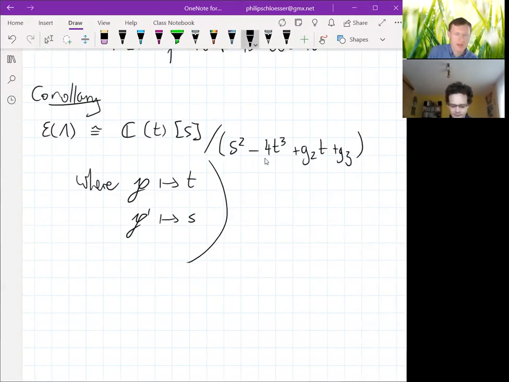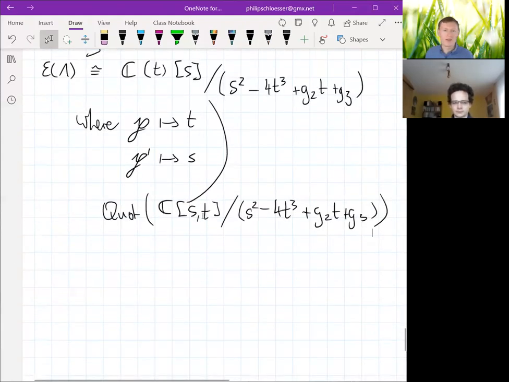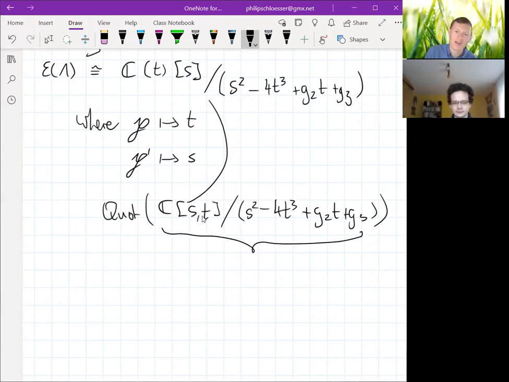Well, note that this thing is equal to the quotient field of, well, C, where we just adjoin s and t and then divide by the same ideal. So it is somehow equal to the field of rational functions on this thing there.